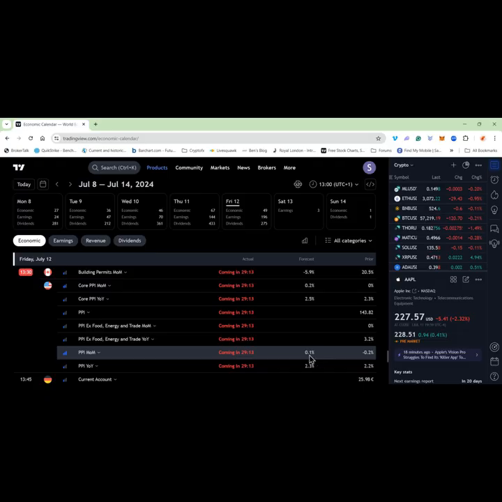If it comes in any lower, say at 0 or minus 0.1, then we're going to see a rally in the stocks and a rally in the bonds. That's what we're going to look for, and weakness in the dollar market. So this comes out at the same time for everyone, so it gives you a chance to get those trades away and get some opportunity.